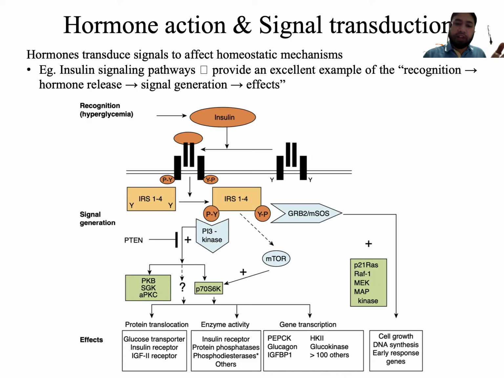On the other hand, if it undergoes mTOR, PI3 kinase or PTEN, they can initiate different types of effects. If the protein that you are producing is for protein translocation, the proteins being released are the insulin receptor, IGF-2 receptor, and glucose transporter. These are the proteins responsible to translocate the proteins that have been synthesized.